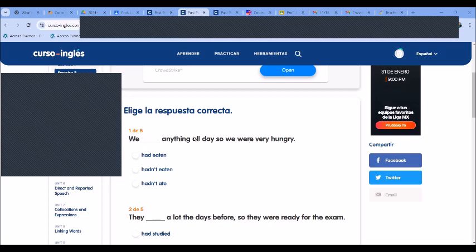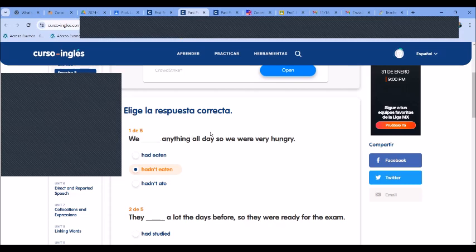Si han comido, no van a estar con mucha hambre. Si no han comido, entonces sí. Entonces aquí vamos viendo el contexto. El pasado perfecto te va pintando algo que conecta con la última cosa que hiciste. Entonces aquí vemos, no han comido, entonces estaban con mucha hambre.